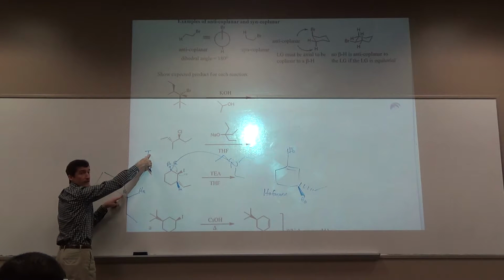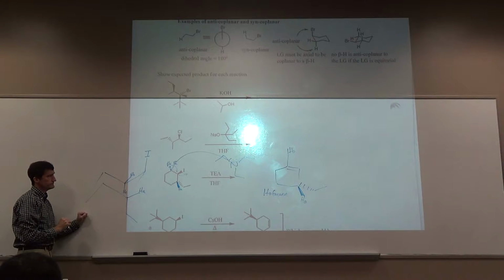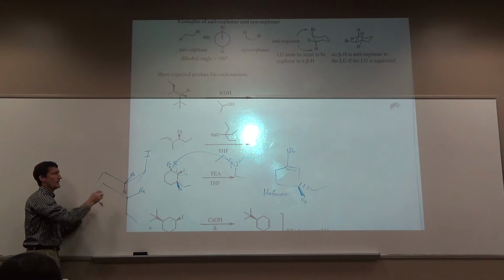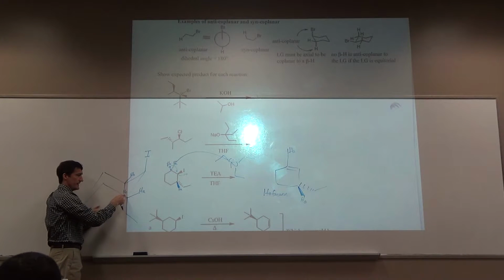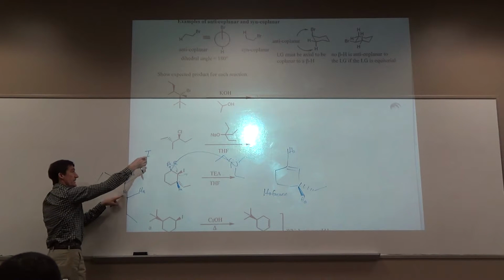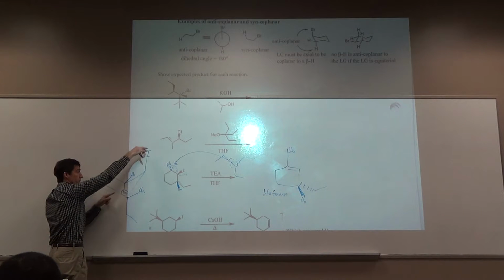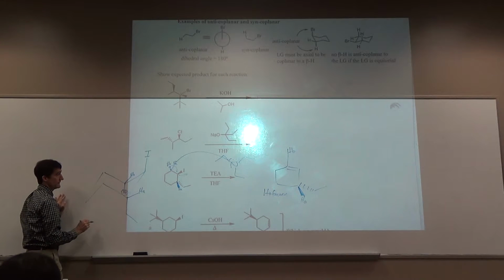Not only are they trans, they're also in the same plane. Now it's harder to see the plane here, but really the plane is somewhat in the board. The iodine is straight up, that H is straight down. Of the H's drawn in, that's the only one that is trans-coplanar to the iodine.